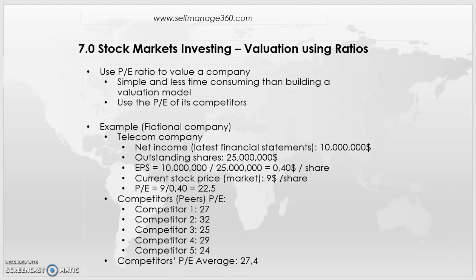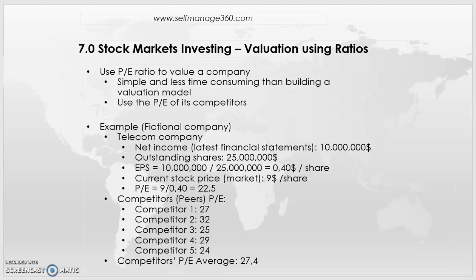Why? Well, it's simple, as you will see later, and it's also less time consuming than building a valuation model where you have to forecast the revenue, the profits, all that stuff. So you can save this time to be able to conduct a quick valuation analysis of the company.